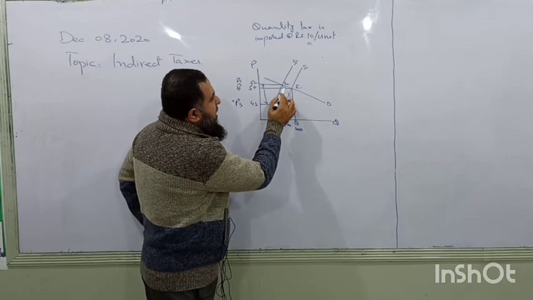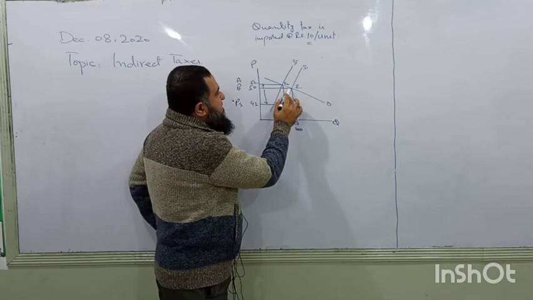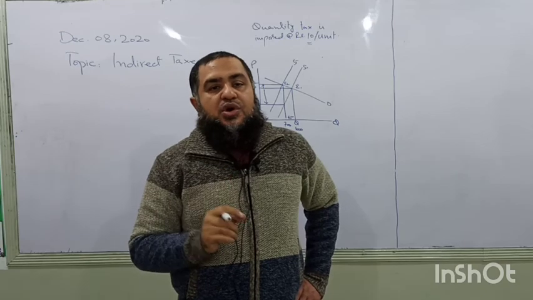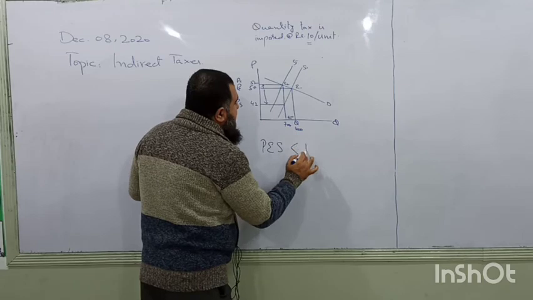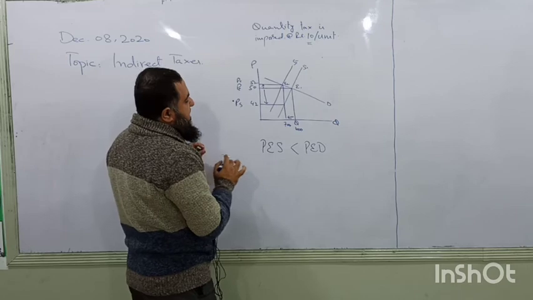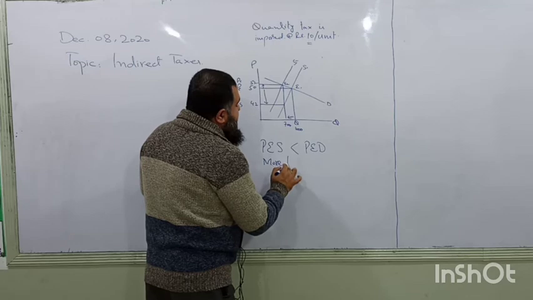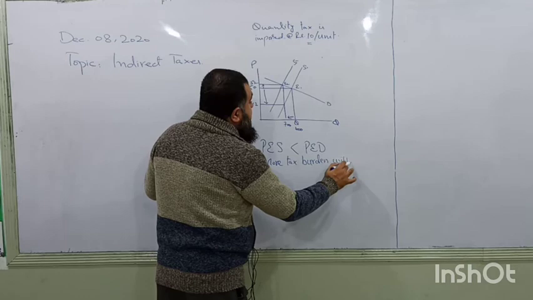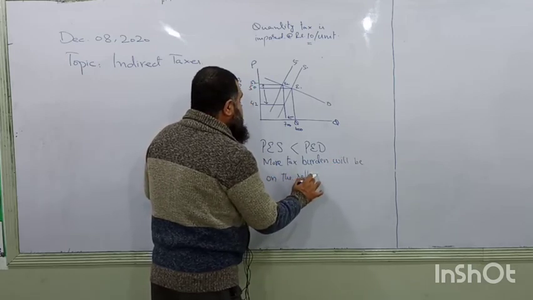Look at these two triangles. The upper triangle is smaller in size, whereas the lower triangle is larger, and it shows that when price elasticity of supply is less than price elasticity of demand, more tax burden will be on the sellers or producers.